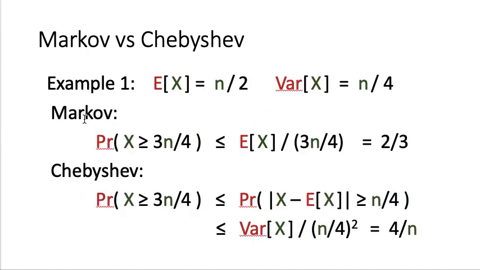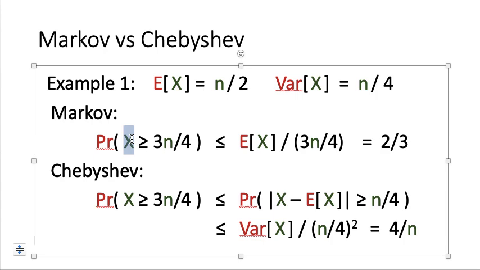Now, for Markov, here X is always taking on non-negative values, so that's okay to apply Markov. For Markov, it is less than or equal to E[X] divided by 3n over 4. After simplification, this is 2 over 3.